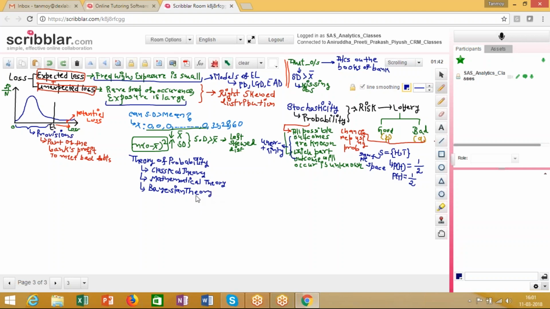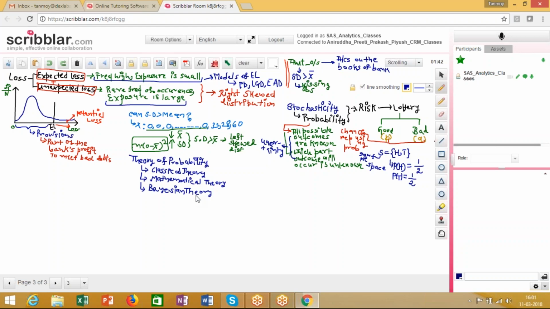Right. So this is what we talk about in the next class. We'll stop here for the day. We have covered the major descriptive measures of central tendency, dispersion, skewness, as well as introduced ourselves to probability. Next week we will explore these three theories of probability in detail along with probability distributions.